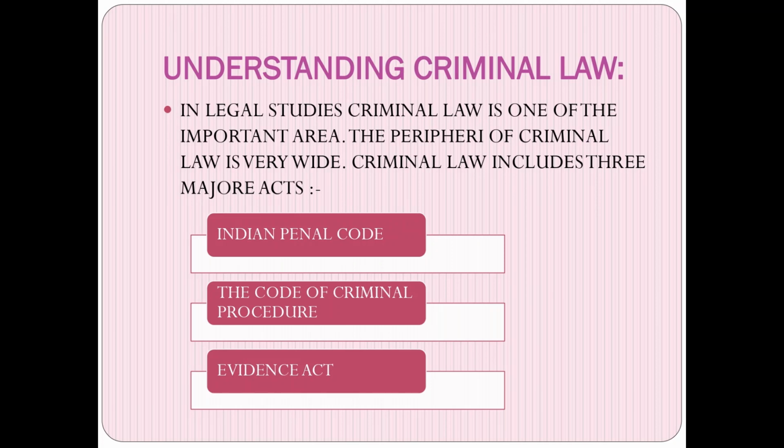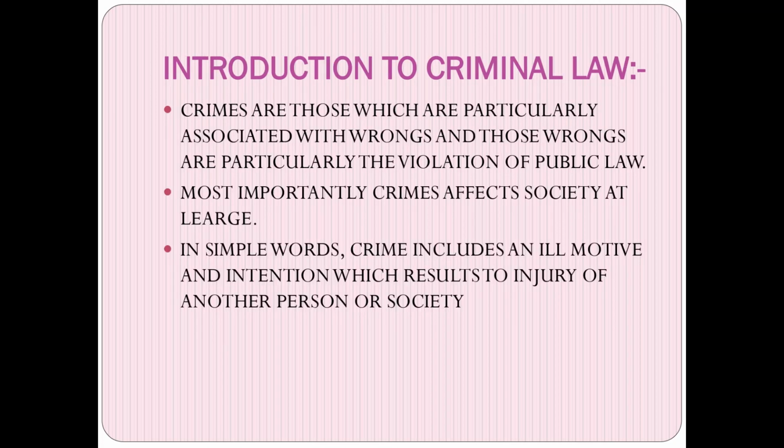First topic, that is the maxim, which is very important, and this maxim will help you to understand what is the crime. So to understand criminal law, one has to know what is the crime. Crimes are those which are particularly associated with wrongs, and those wrongs are particularly the violation of public law.